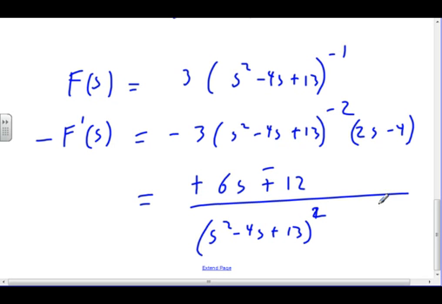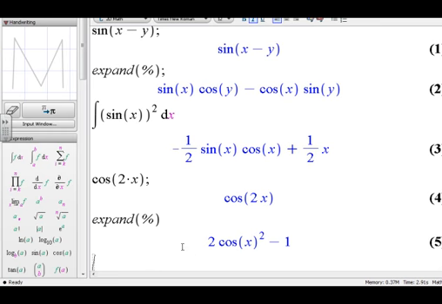You have to do a product rule. What product rule? With the 3 and the other one. No, definitely not. All right, so we'll go to Maple.